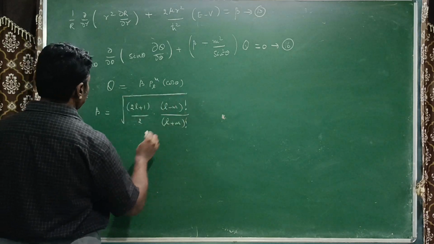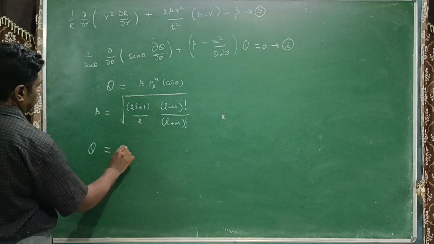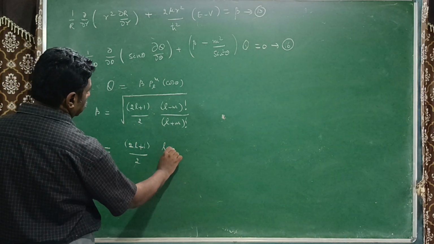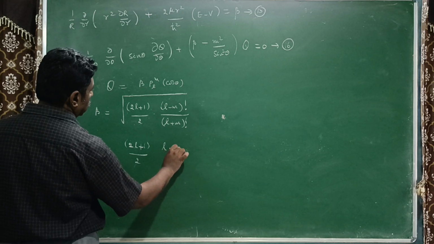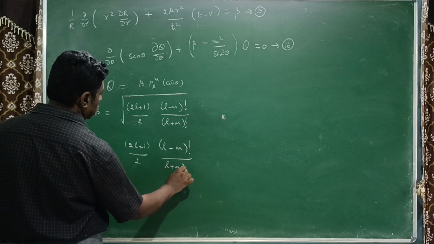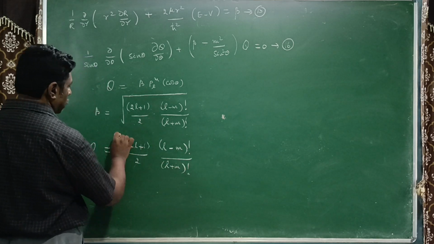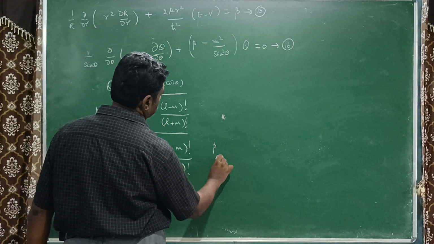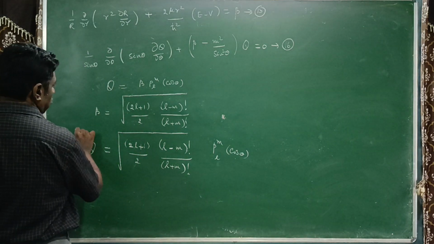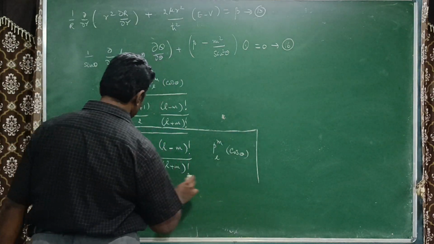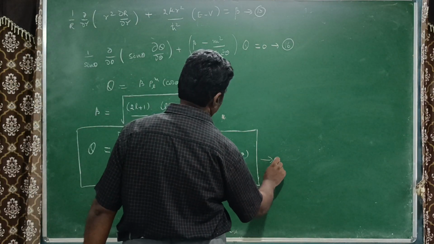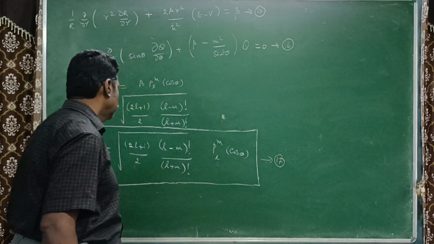Therefore theta equals the square root of 2l plus 1 by 2, l minus m factorial divided by l plus m factorial, entire multiplied by P l m of cos theta. So this is our theta equation. We arrived at the same in the case of rigid rotator. This is equation number 17.